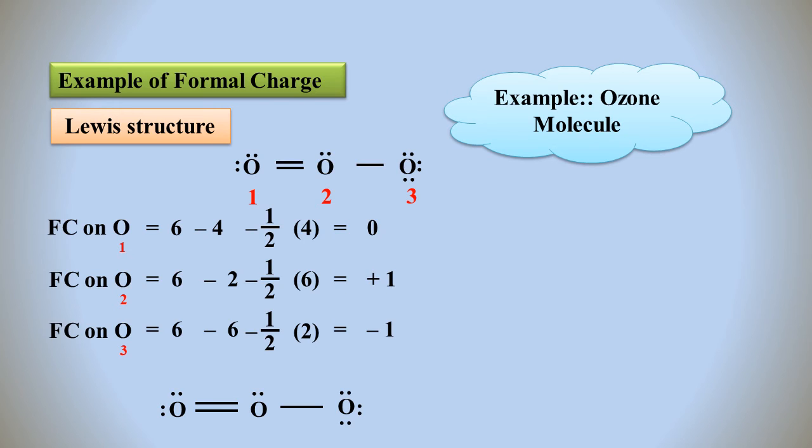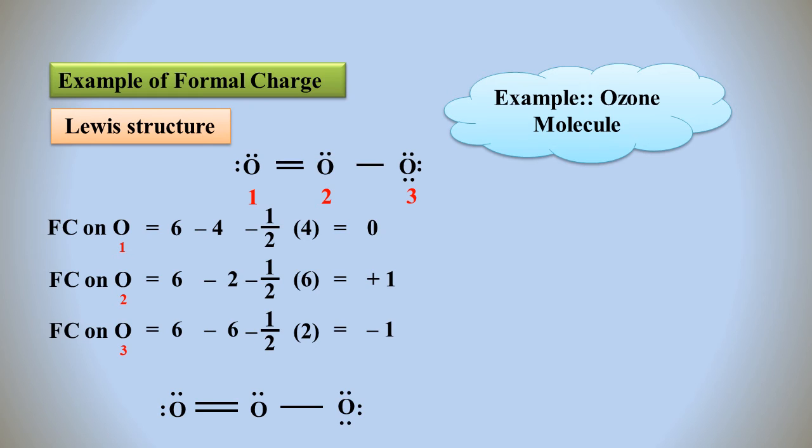Okay, so to draw it: a formal charge of 0 means that the first oxygen atom reaches the octet state. But plus 1 means that we have one unbonded electron.